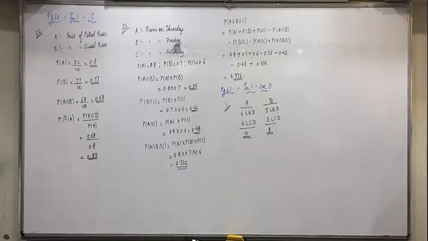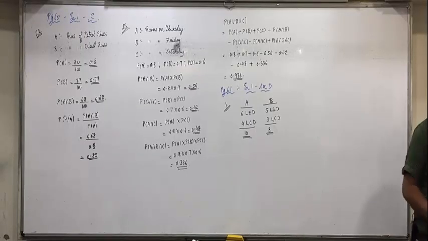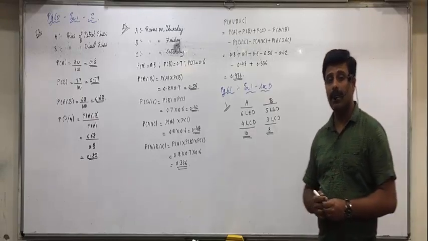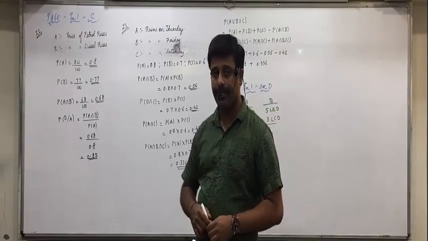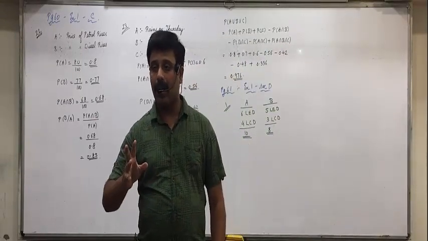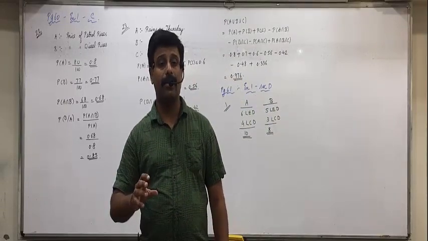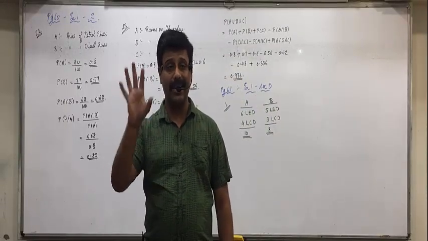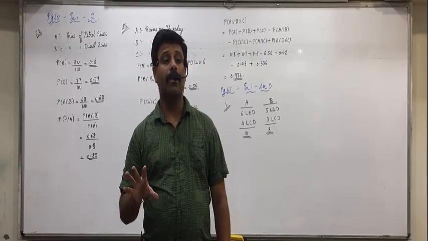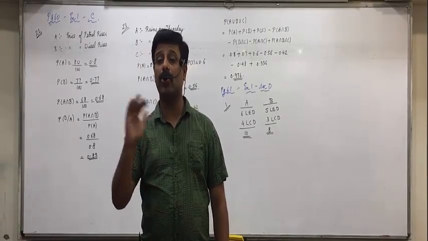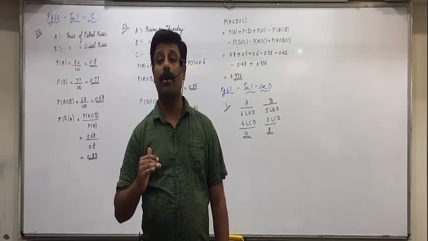Now, one of the two stores is randomly selected. How many stores are there? 2, A and B. What is the probability of selecting the store? Not television, selecting the store. What is the probability that you select store A or store B? 1 by 2.